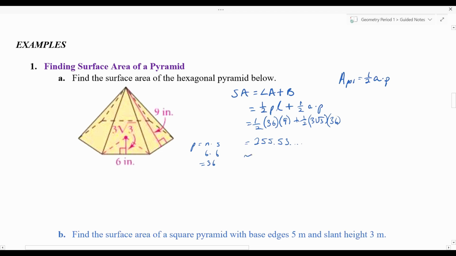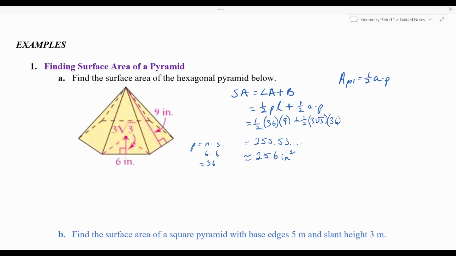So we're going to round this up to 256. My units are in inches, and since we're dealing with area, it's going to be inches squared, or square inches. And that's how we find the surface area of this particular pyramid.